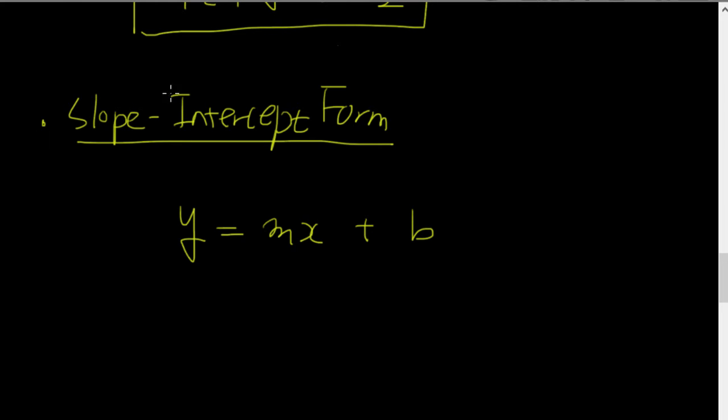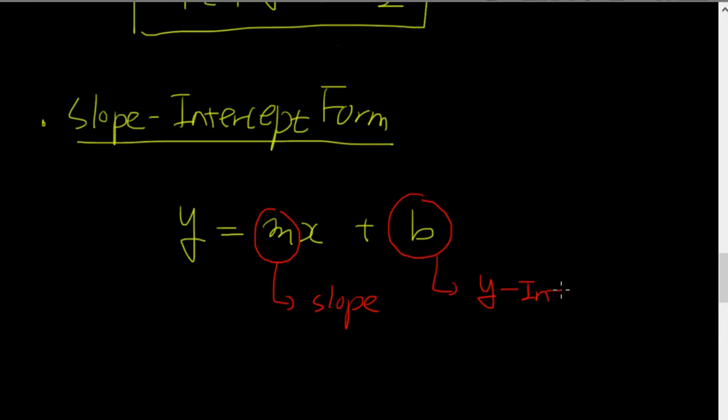So this m right here is, as you guessed, the slope. What about this b then? This b is the y-intercept.